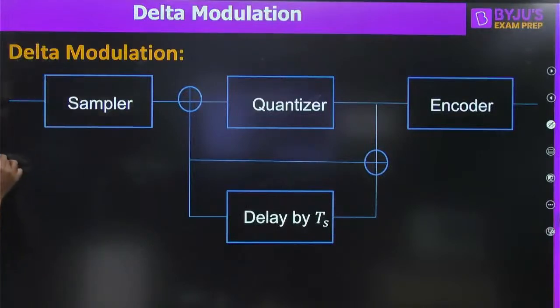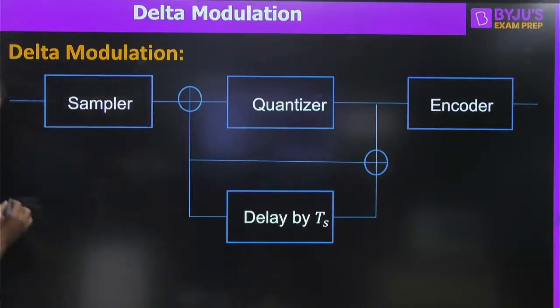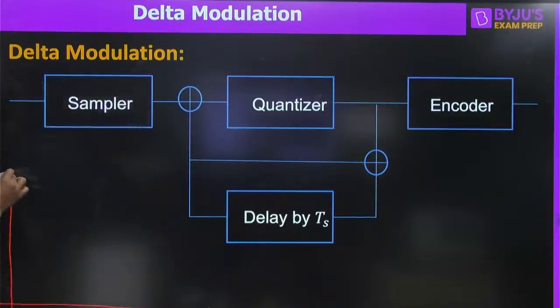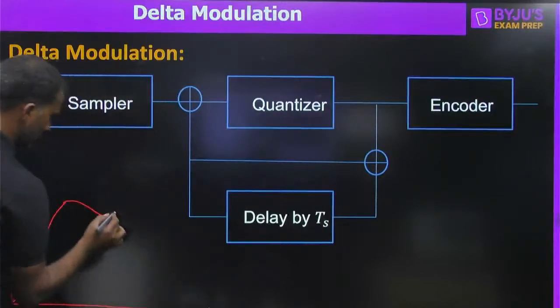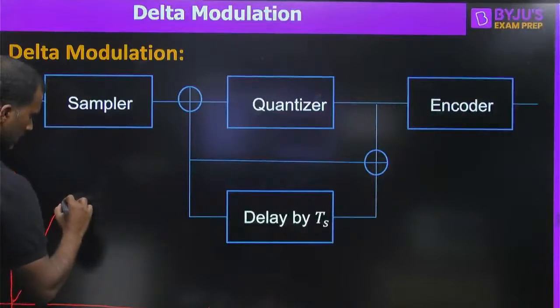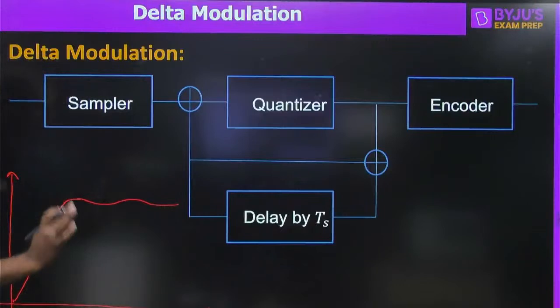So I'll take some signal. Something like this.